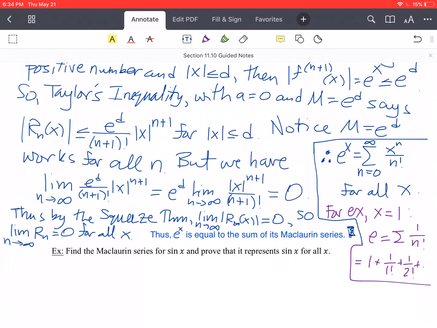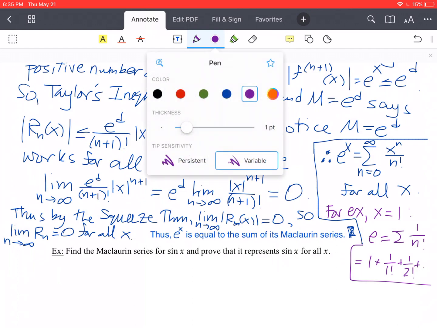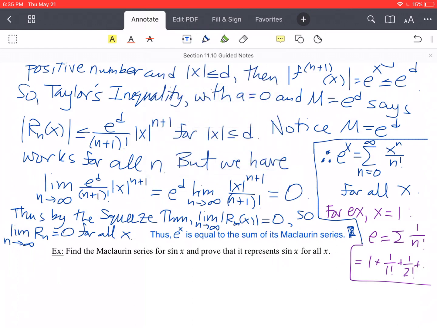The actual number e. If you wanted to find e squared, then you would choose to approximate when x is 2. And if you want to find what e cubed is, you would get the approximation when x is 3. And you could do that for any value of x that we want.